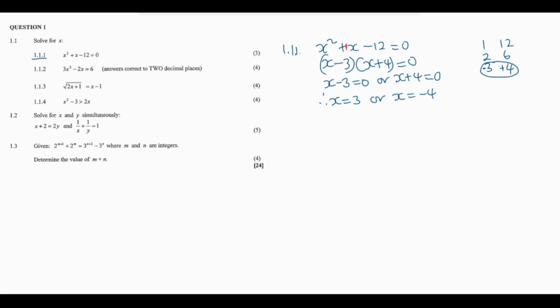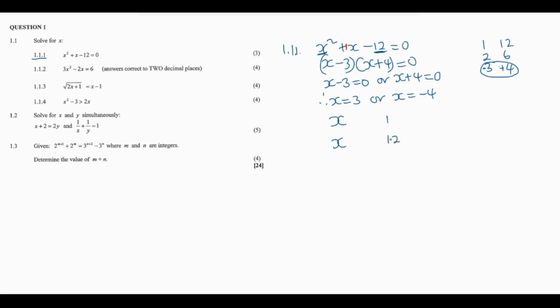What you do, you split the first term, x squared, into its factors, and the last term into its factors. So x squared, we can split into x times x. The last term, we must split into its factors, like 1 and 12.